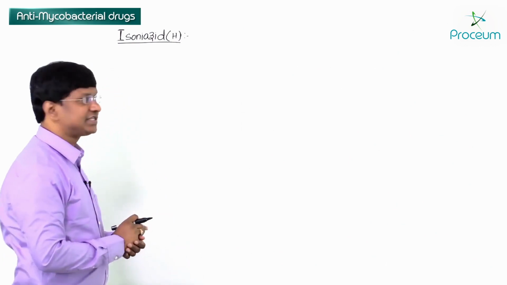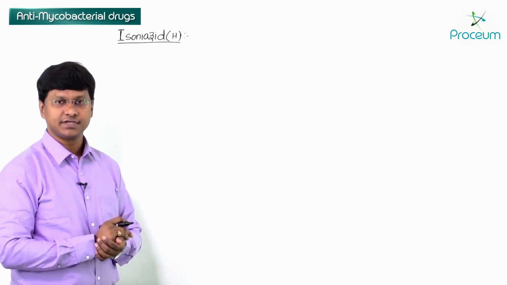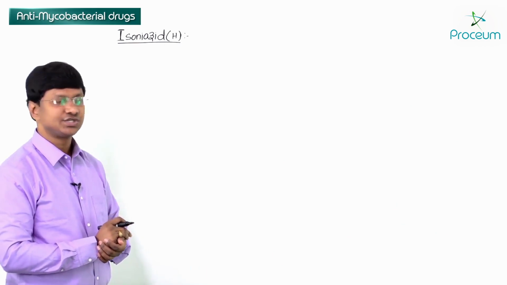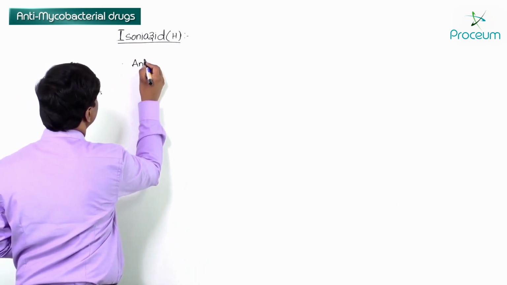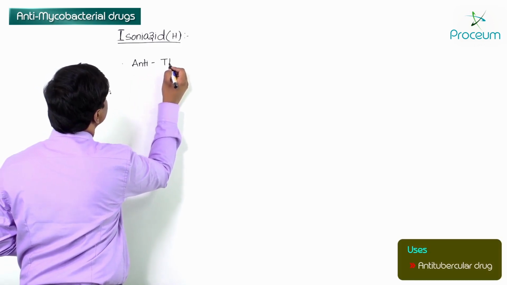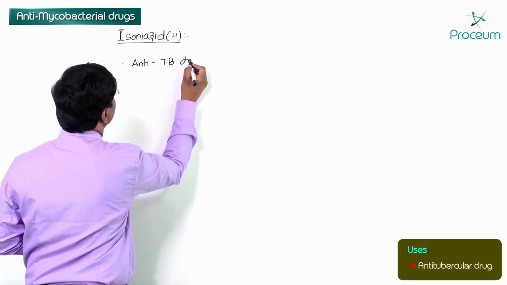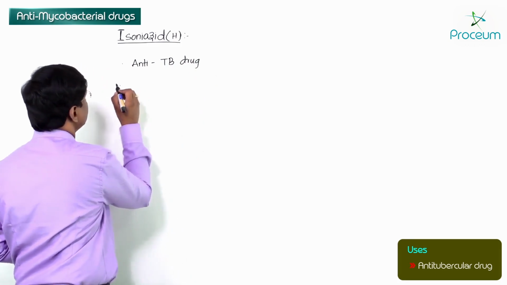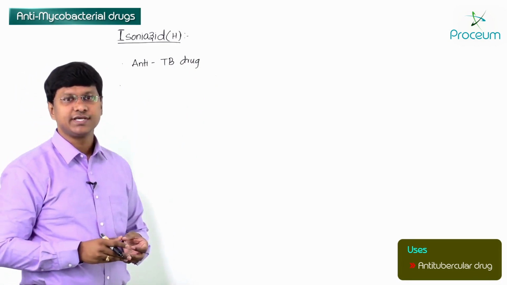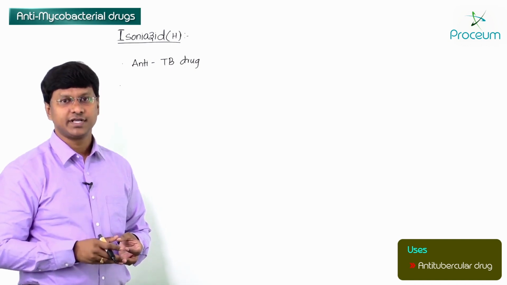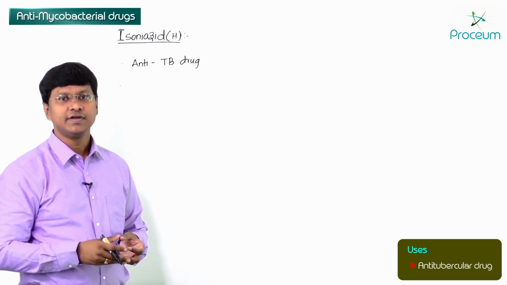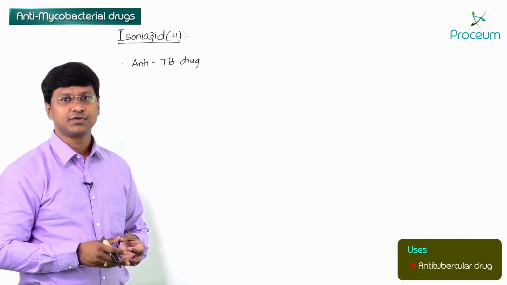So if you see the uses of this particular isoniazid, as we have discussed, it is an anti-tuberculous drug. Apart from this, remember isoniazid is an essential component of multi-drug therapy of tuberculosis.